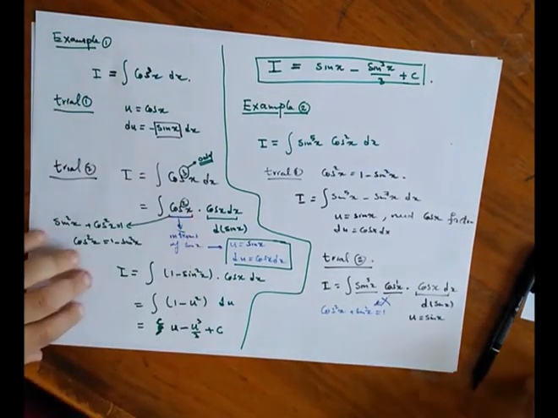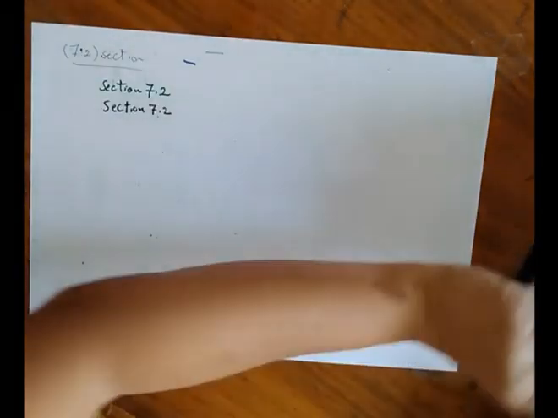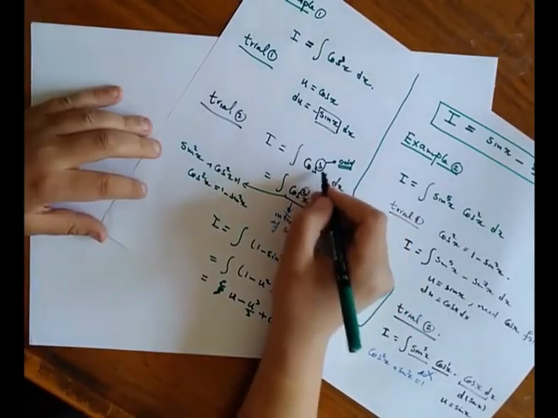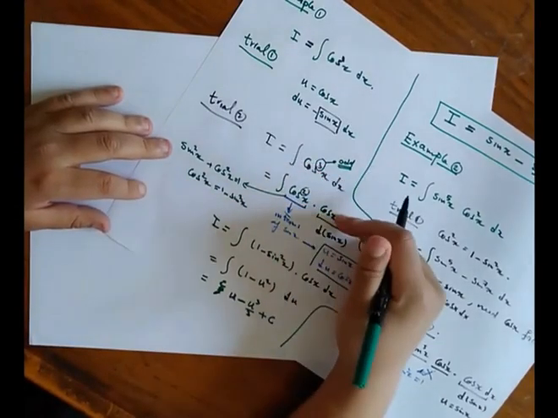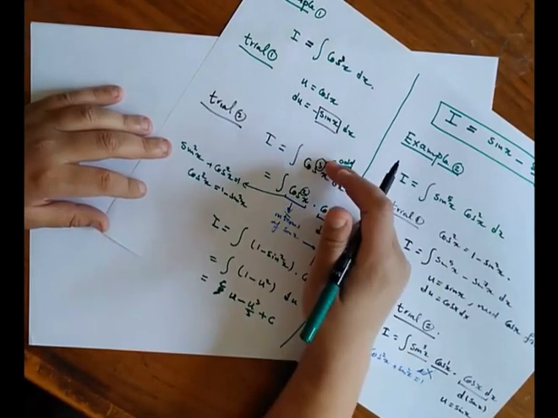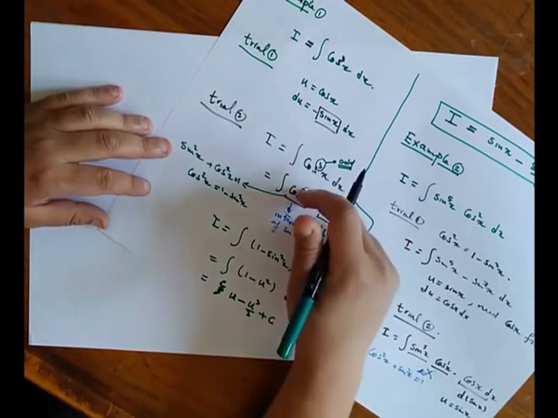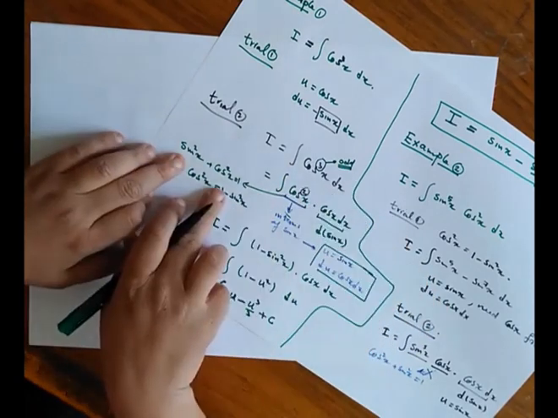So let's see another trick, which will also be the same as in the first example. Look here, in the first example, the power of the cosine which we separated was odd. So when you separate it again, you get an even power, so you can use this nice formula.